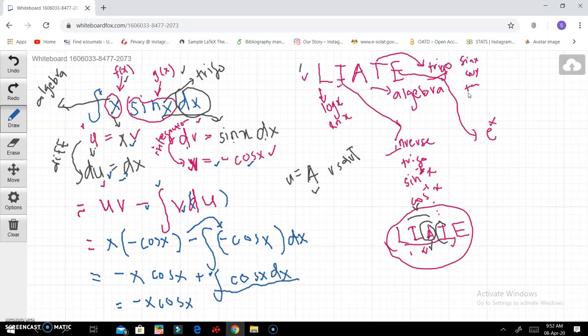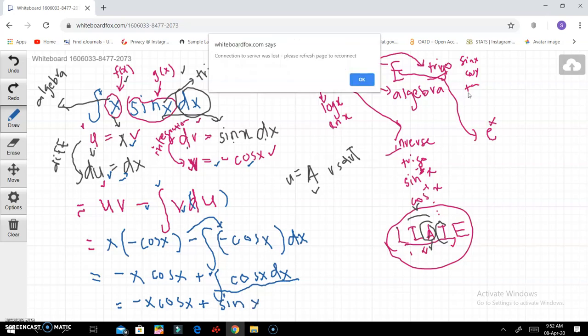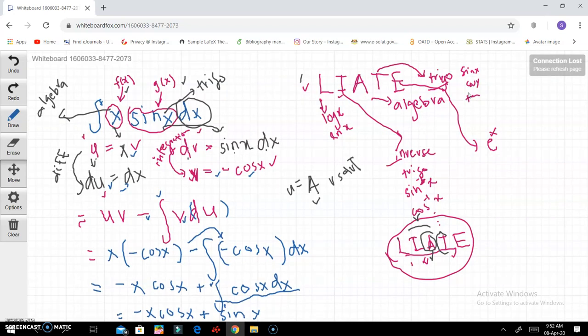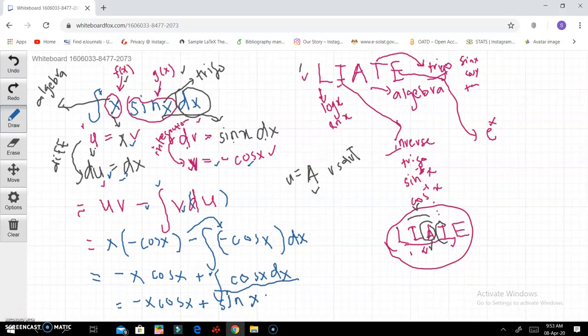If you integrate cos x, you are supposed to get positive sine x. Since we deal with an integral at the last step, you are supposed to get plus c.